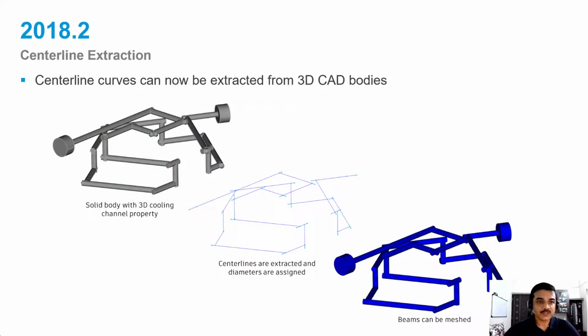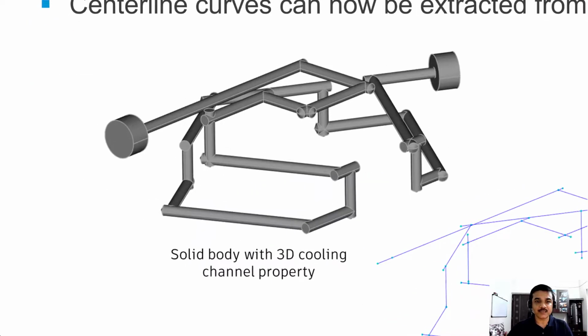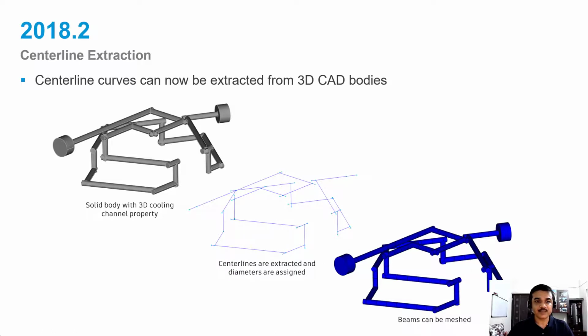The other thing was on centerline extraction. If your mold design is ready and it already has the cooling channels built in, and you're trying to do troubleshooting on it, you can create an internal surface for these geometries. This can be created within your existing mold design software, or you can use Fusion 360 to extract those internal bodies, and these internal bodies can be exported as a STEP file.